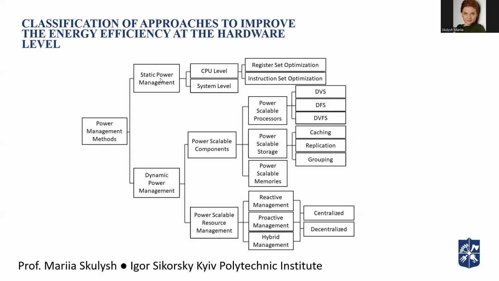Static power management can be provided at the CPU level or at the system level. At the CPU level, it can be register set optimization and instruction set optimization. So that is static management.